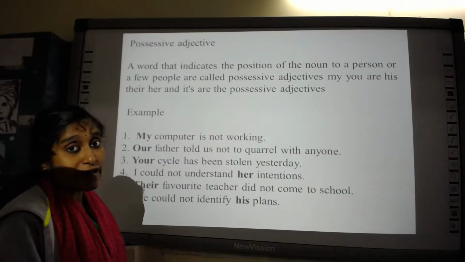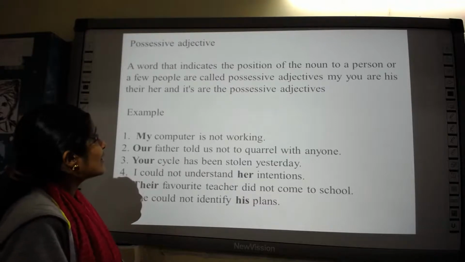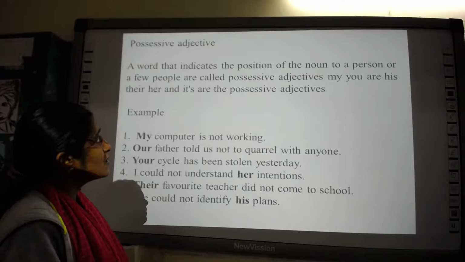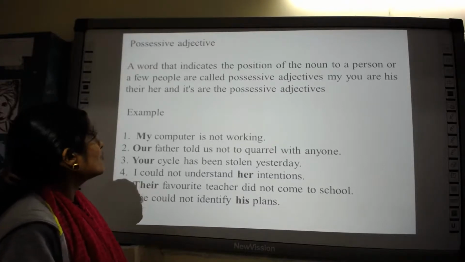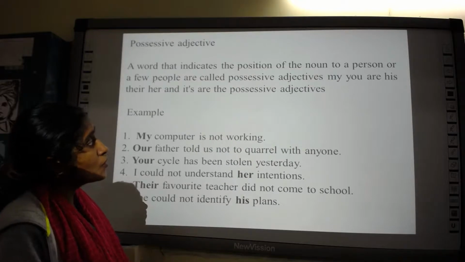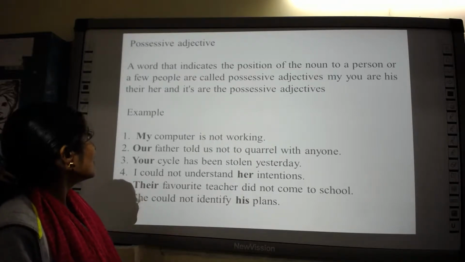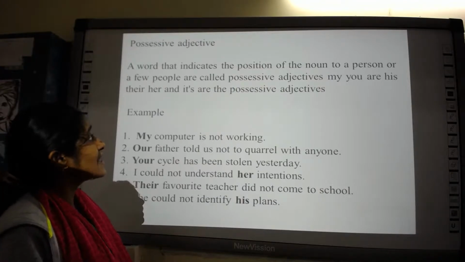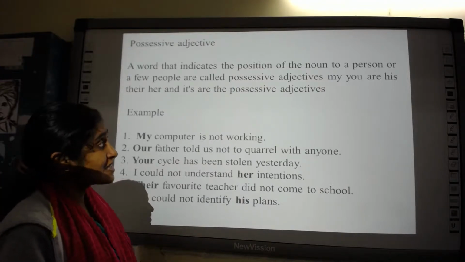And possessive adjective: a word that indicates the possession of a noun by a person or a few people is called a possessive adjective. My, your, his, their, her, and its are the possessive adjectives.